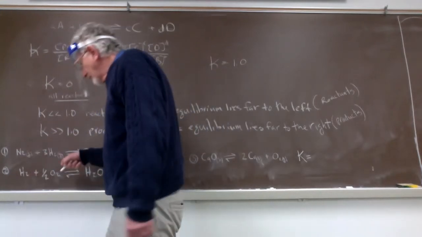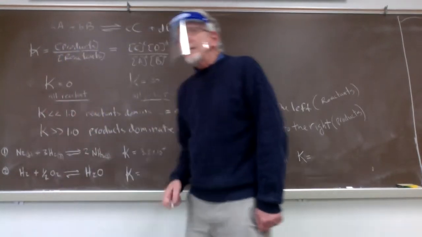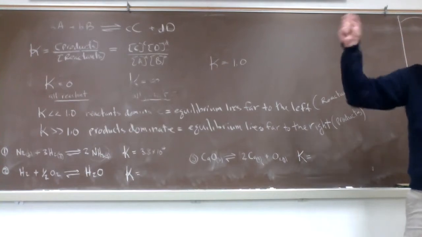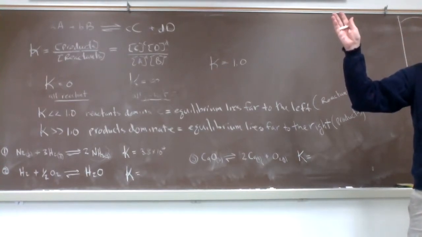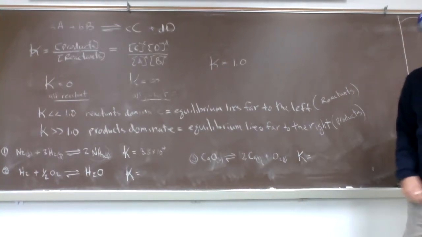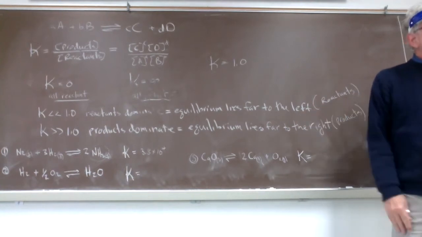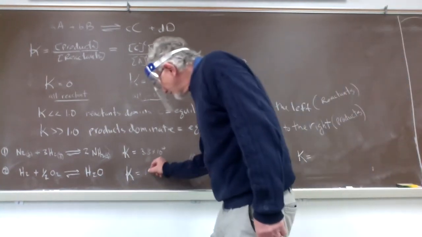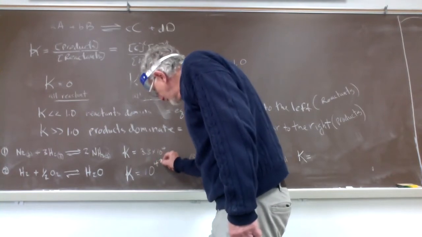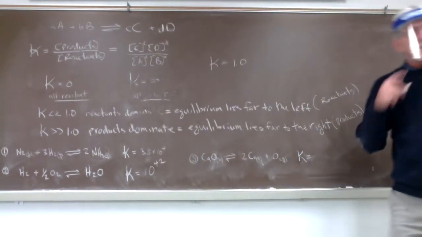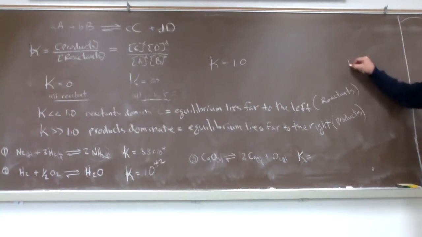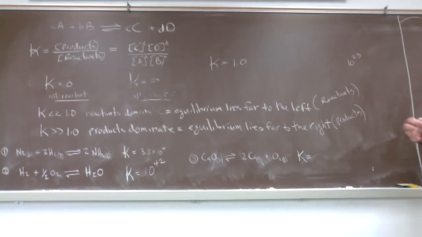Okay. What about this reaction? Hydrogen gas reacting with oxygen gas to form water. We did this reaction in class a few weeks ago. Remember the hydrogen balloon? Boom, in a millisecond, the reaction was complete. Where did that reaction end up in its equilibrium state? Its equilibrium constant is 10 to the 42nd power. That's a big number, right? 10 to the 23rd, that's Avogadro's number, 6 times 10 to the 23rd.